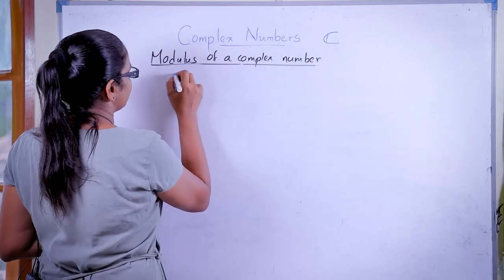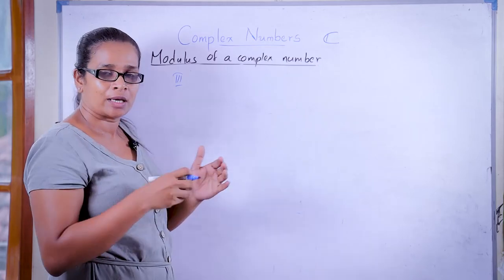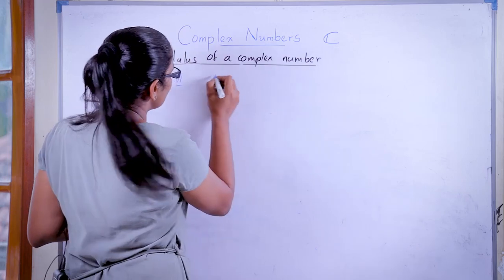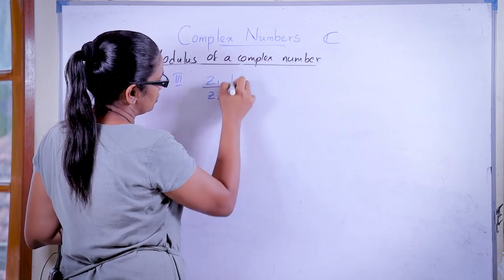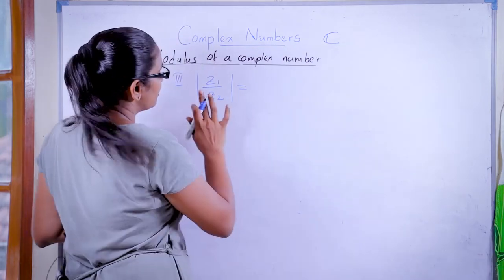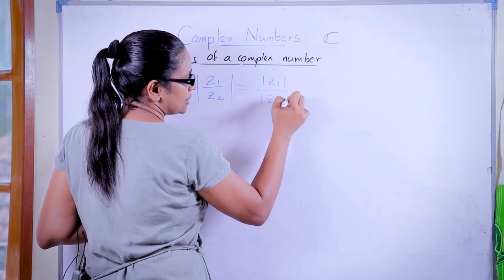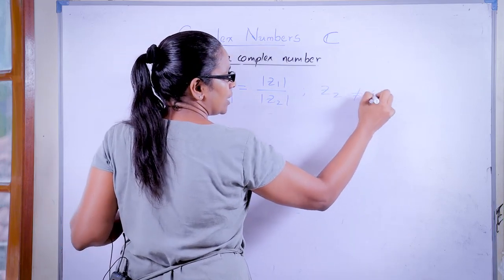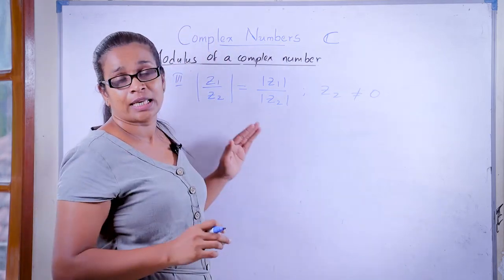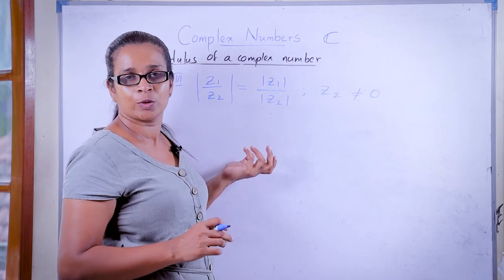Now the third theory. Here I am going to talk about the modulus related to division. So z1 divided by z2, the division of two complex numbers. The modulus of a division of two complex numbers, you can write it this way, when z2 is not equal to 0. Again, I can prove this using the first theory I explained related to the modulus.